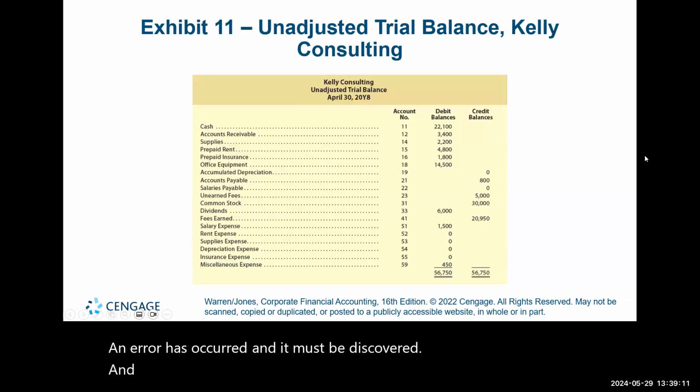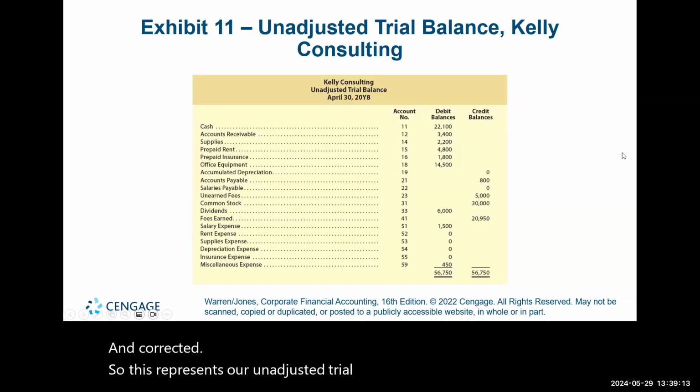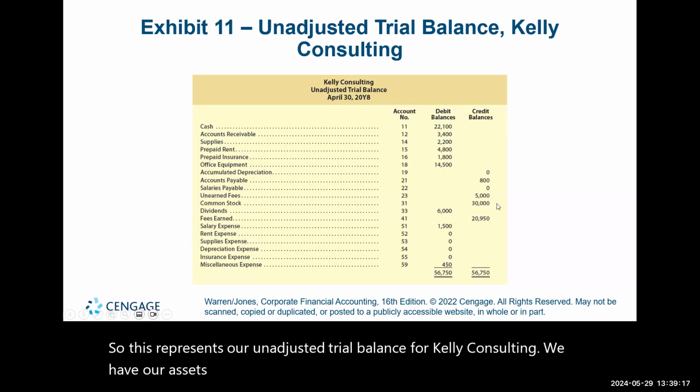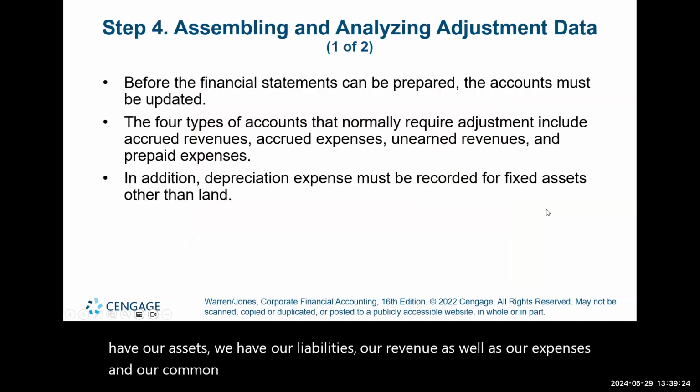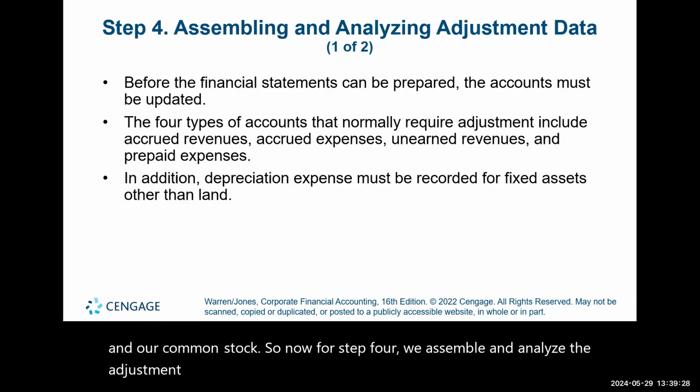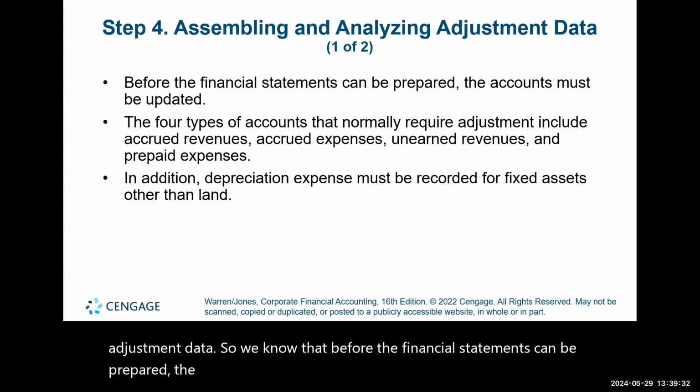So this represents our unadjusted trial balance for Kelly Consulting. We have our assets, we have our liabilities, our revenue, as well as our expenses and our common stock. So now for step 4, we assemble and analyze the adjustment data. So we know that before the financial statements can be prepared, the account balances need to be updated.